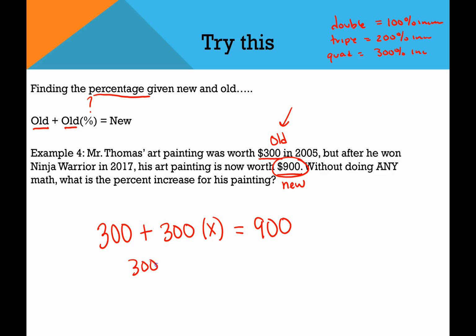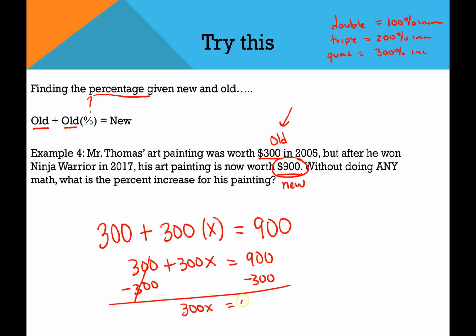We get 300 plus 300x equals 900. I subtract 300 from both sides. I get 300x equals 600. Divide by 300. 300 cancel, and I get x equals 2. Well, what's 2 as a percent? Well, that would be bring my decimal over twice, and that is 200%.